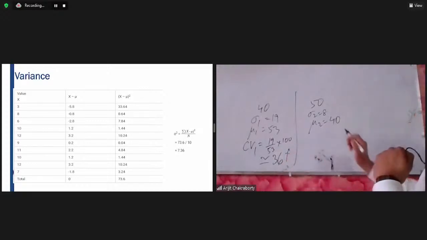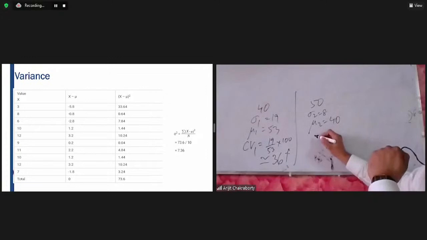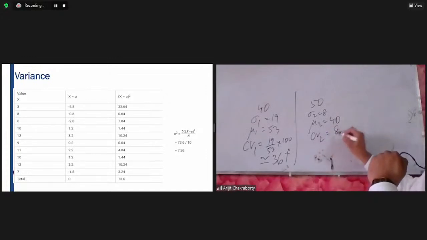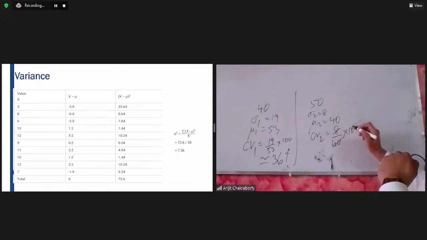In the second case, CV2 is equal to 8 by 40 into 100, which is 20%. So out of these two cases, the second example has lesser variability. The first one has higher variability.